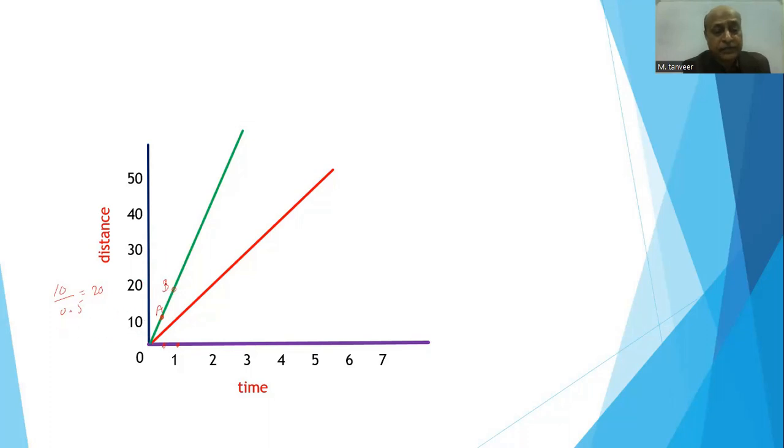At point B, distance traveled is about 20, and time is 1 second. 20 divided by 1, answer is 20. Next is 30.